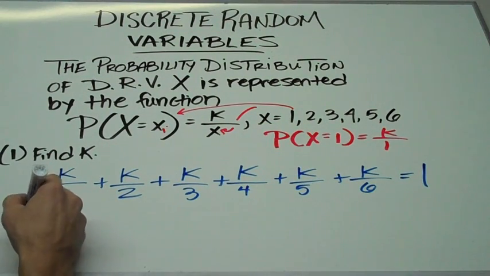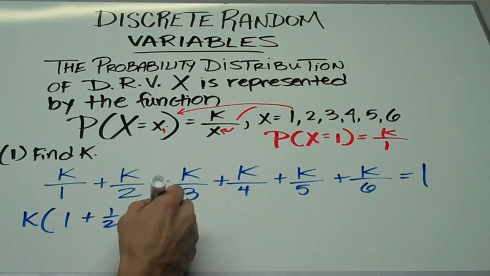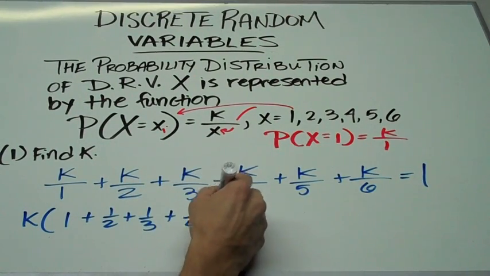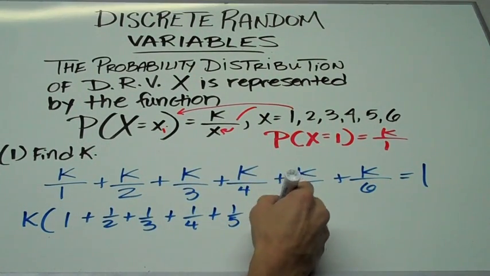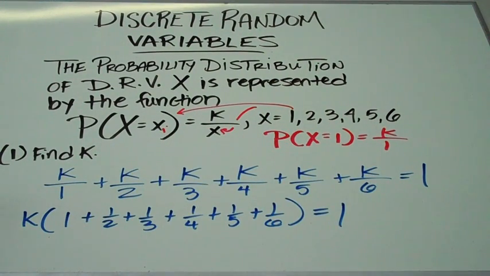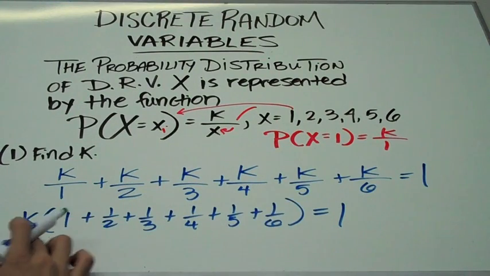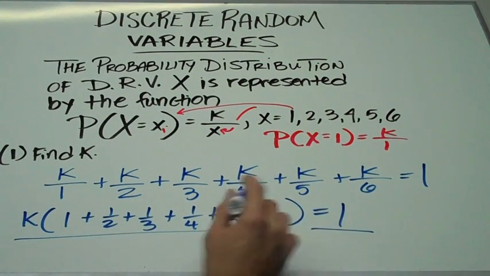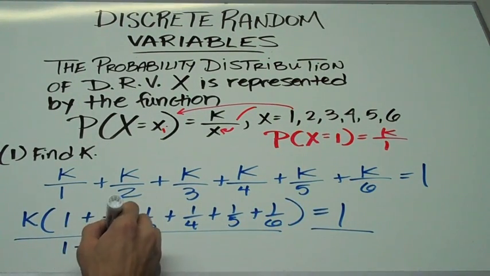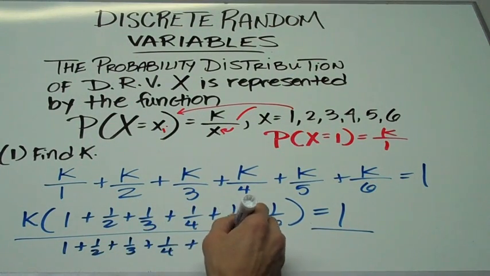I can factor out a k, and I'm left with k times (1 plus 1/2 plus 1/3 plus 1/4 plus 1/5 plus 1/6) is equal to 1. I won't insult your intelligence, but you can find that our least common denominator is 60, or you could do this on your calculator. When you solve this, I would divide both sides by 1 plus 1/2 plus 1/3 plus 1/4 plus 1/5 plus 1/6.